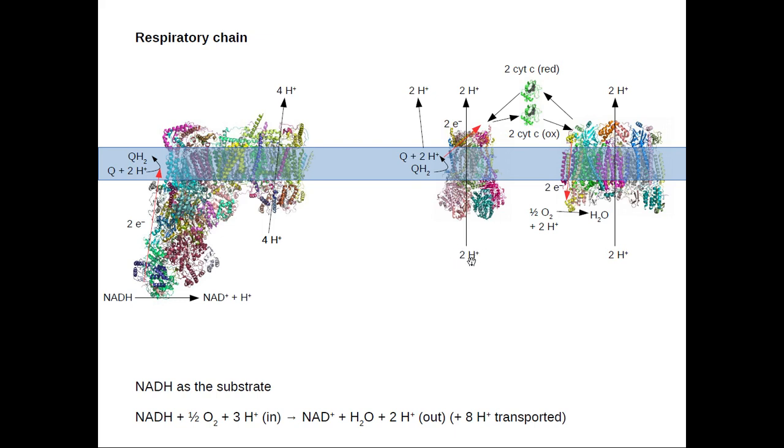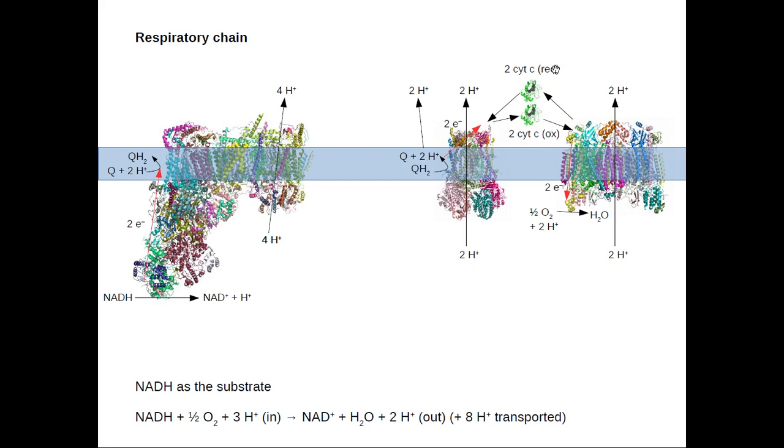So they came from here and they were released here, so they are also transported. And at the same time, 2 protons are being transported by an active transport. So again, these 2 protons bind somewhere here, then there is some conformational change, and then they have to go that way. And electrons which are released in this process, they go to cytochrome C. So cytochrome C changes from oxidized to reduced.